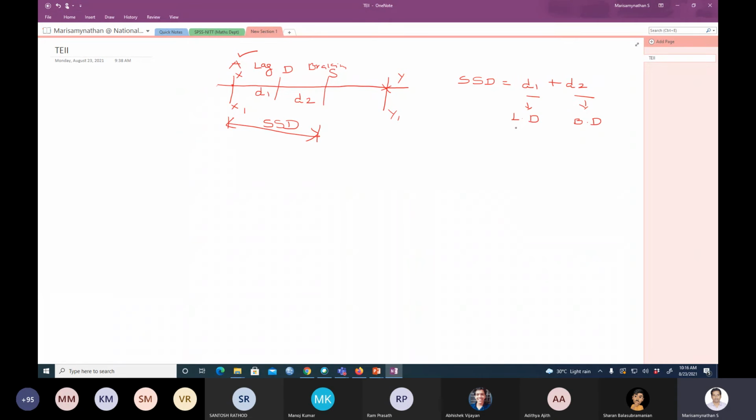The lag distance is where he is perceiving, understanding, and trying to react, and finally trying to apply the brake. From applying the brake until the vehicle reaches zero velocity, that is considered the braking distance.